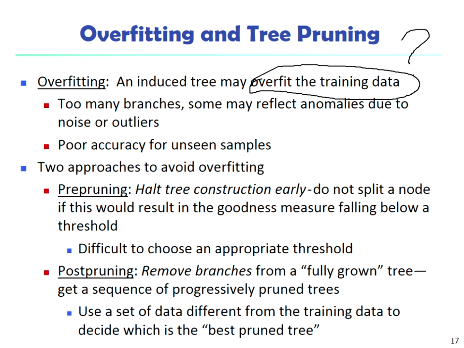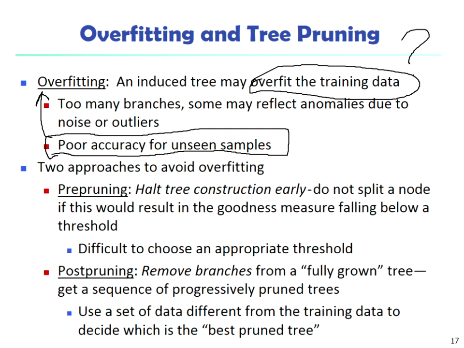It means the model gives us good accuracy for training samples and poor accuracy for unseen samples. This is the meaning of overfitting.